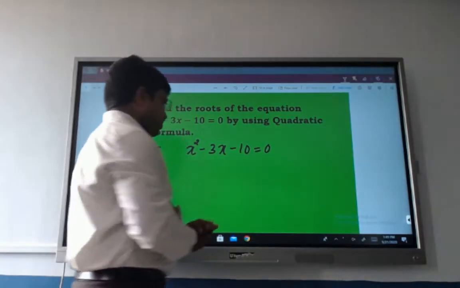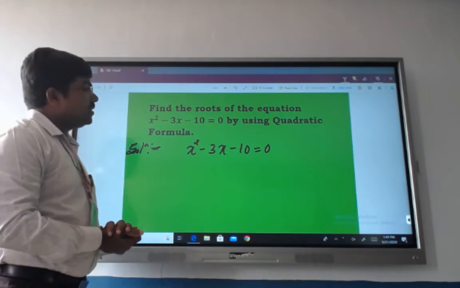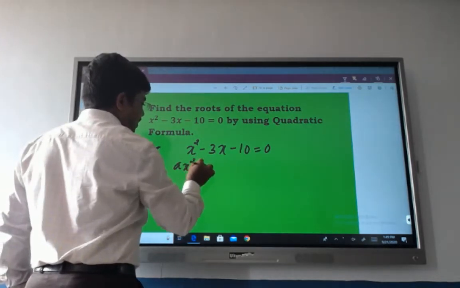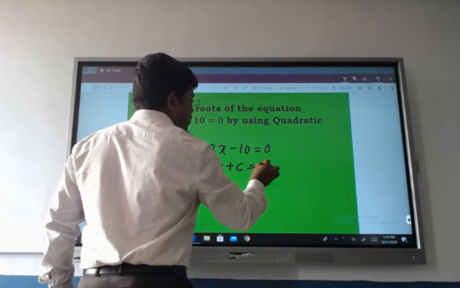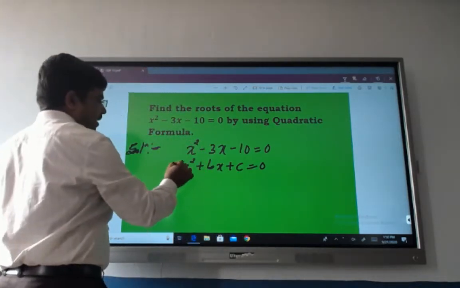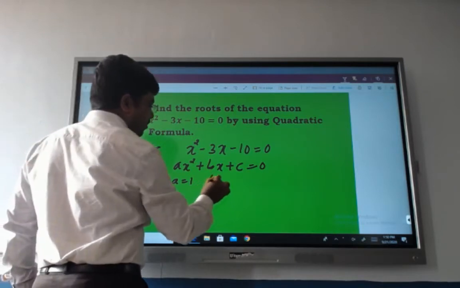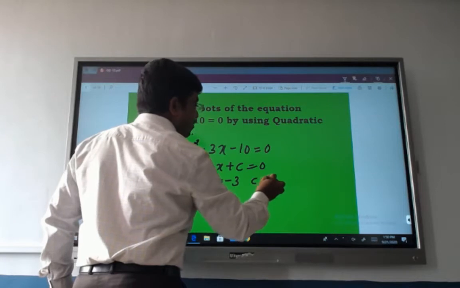Here we are going to compare this with our standard form. What is the standard form? That is ax square plus bx plus c is equal to 0. Now compare: a is equal to 1, b is equal to minus 3, and c is equal to minus 10.